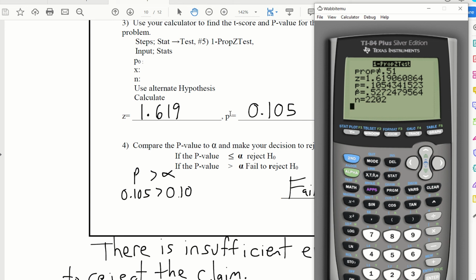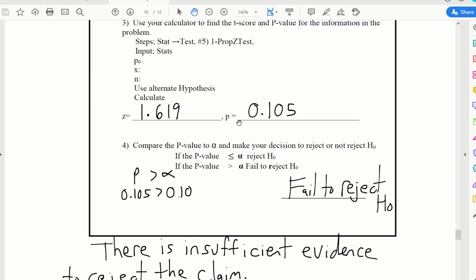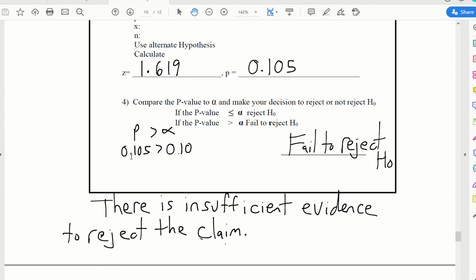Now that we have the calculated p-value, we simply compare it to the level of significance alpha, and this time it's awfully close. Nonetheless, 0.105 is still greater than 0.10. So once again, the conclusion would be to fail to reject the null hypothesis.